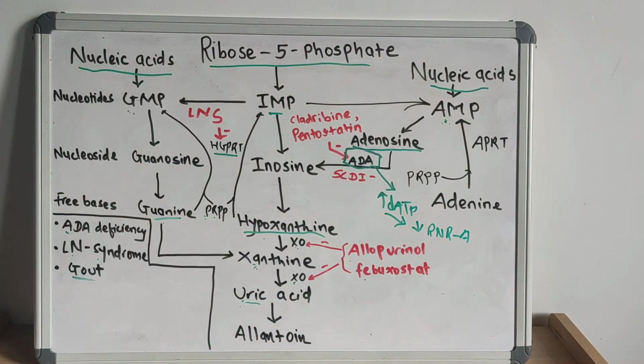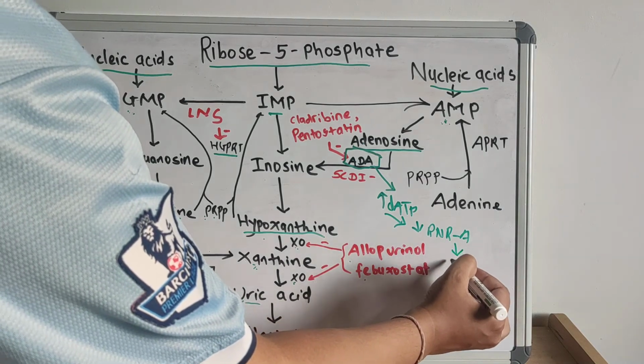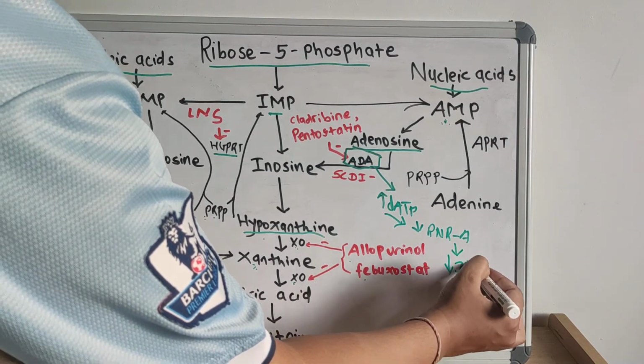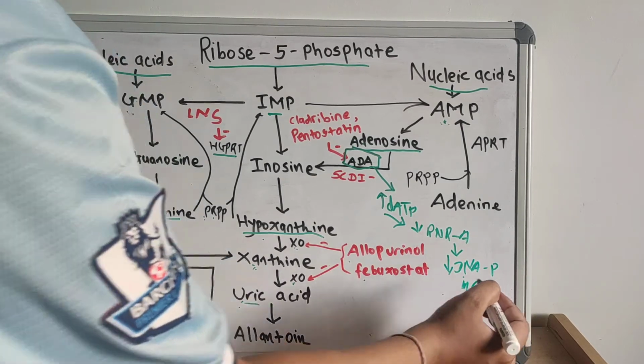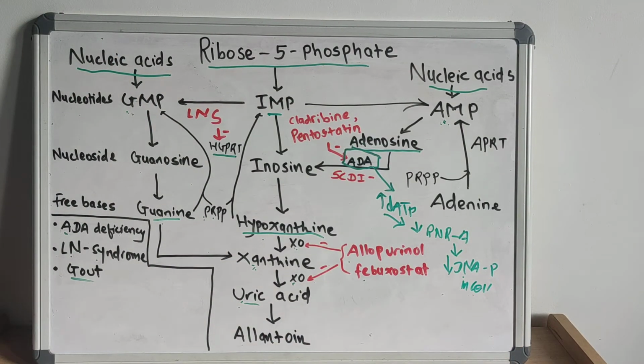So if there is a decrease in ribonucleotide reductase activity, then there is a decrease in DNA precursor in the cell. If there is a decrease in DNA precursor in the cell, then there is a decrease in lymphocytes.